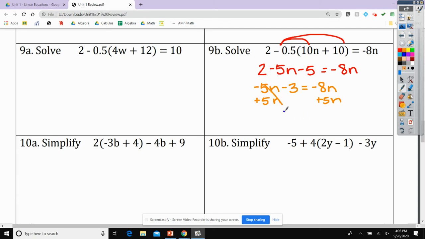And I end up with -3 equals -3n. Divide everything by -3. So -3 divided by -3, 1 equals n. And that's my answer.